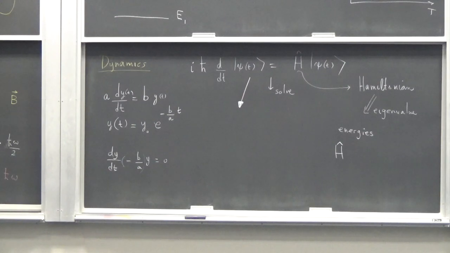We already know how to exponentiate matrices. Why not? So why can't we exponentiate a Hamiltonian? We can. So just by inspection, by pure analogy, write down the solution for the time-dependent Schrodinger equation.